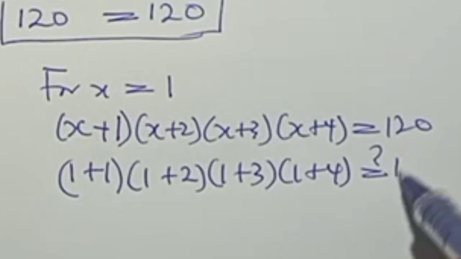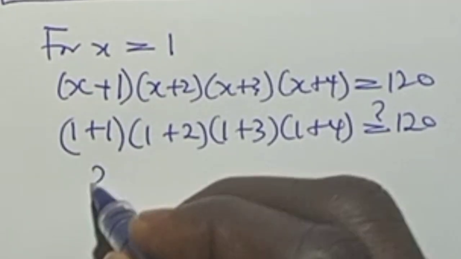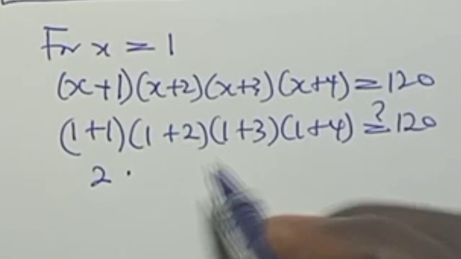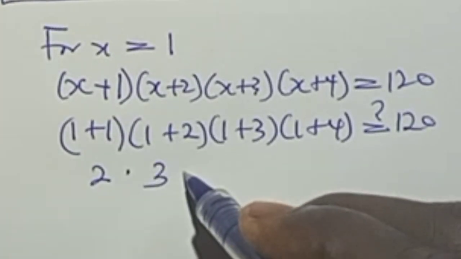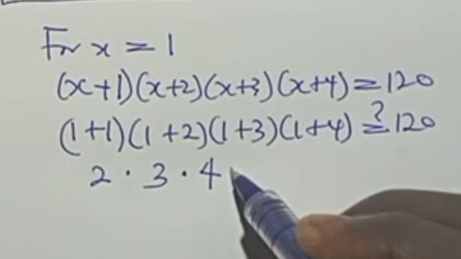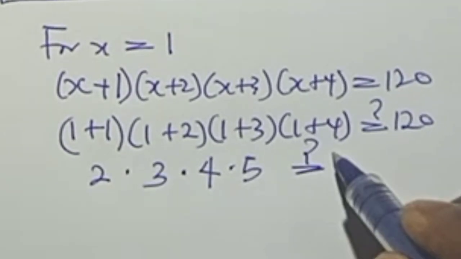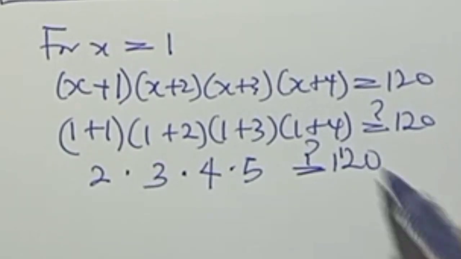Can this be equal to 120? 1 plus 1, that is 2, times 1 plus 2 is 3, times 1 plus 3, that is 4, times 1 plus 4 is 5. We want to know if this is equal to 120.